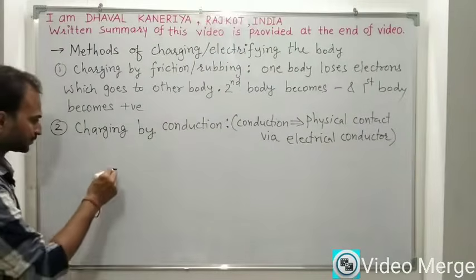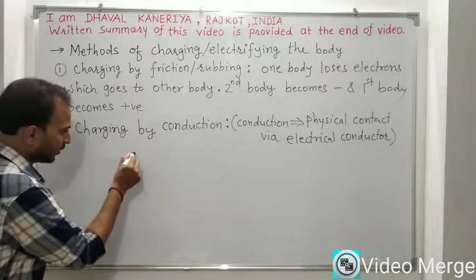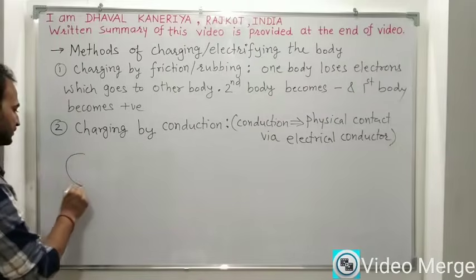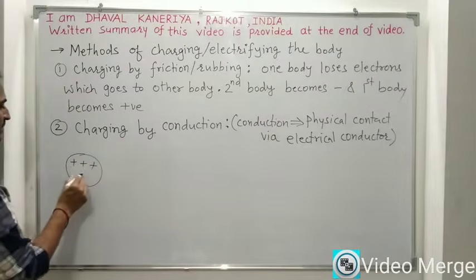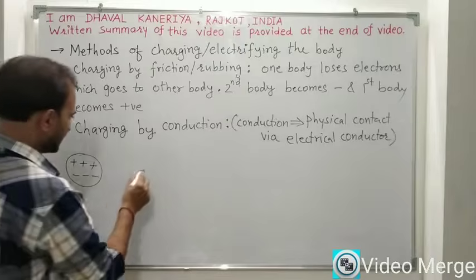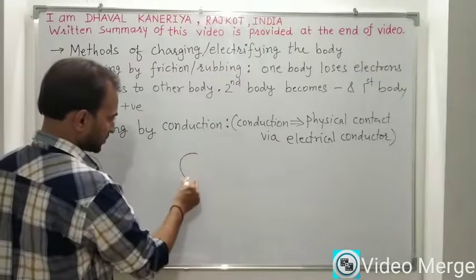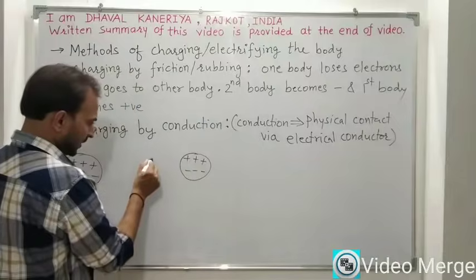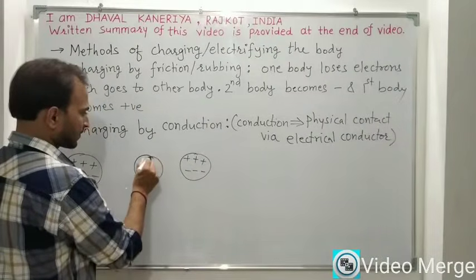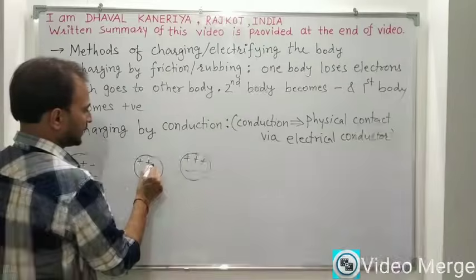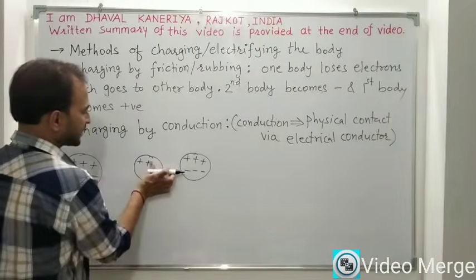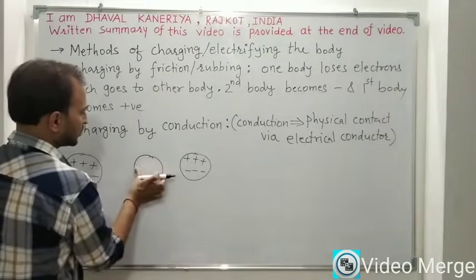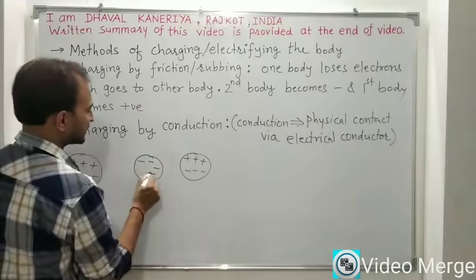So we have a neutral body, plus plus plus minus minus minus. Now this neutral body, plus plus plus minus minus minus, is electrically connected to a charged body.